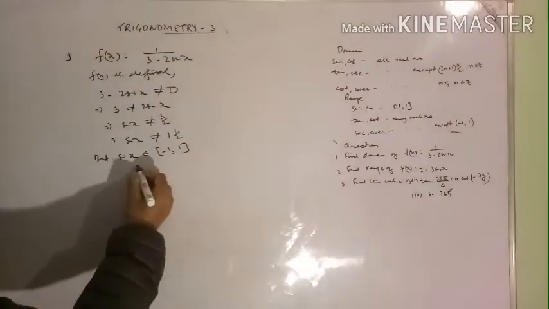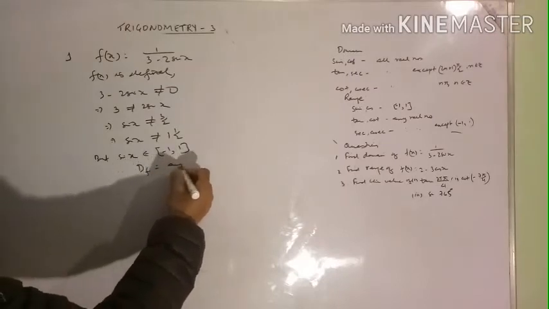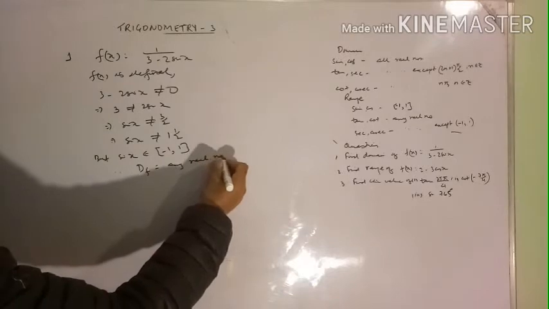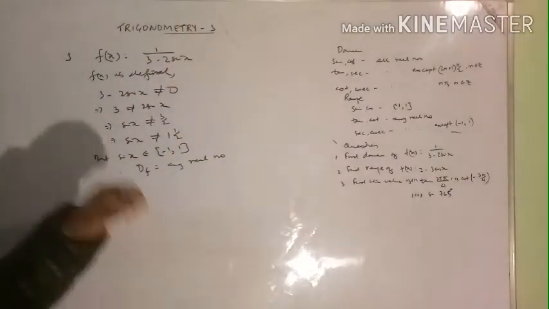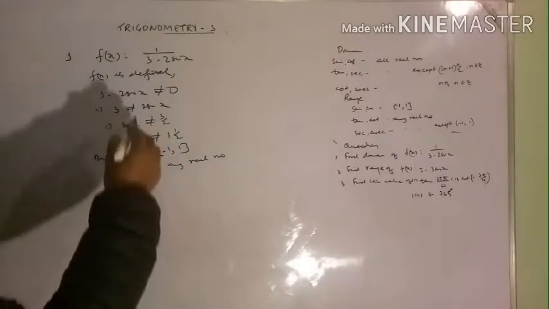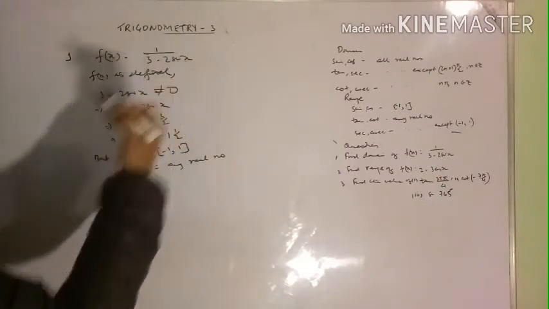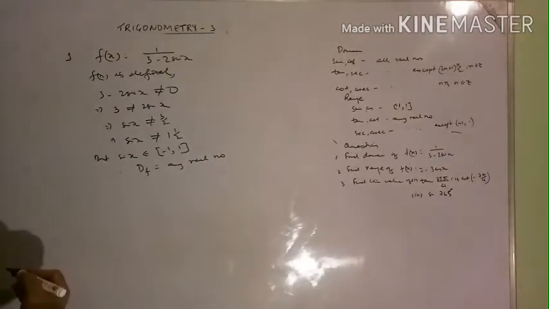So the domain of f is any real number. For any real number, f of x is always defined, because if it is not defined, then the denominator has to be 0. In that case, sine x would be equal to 1.5, which is not true.